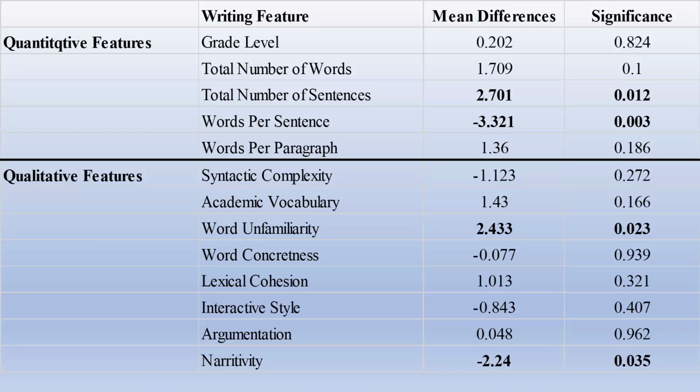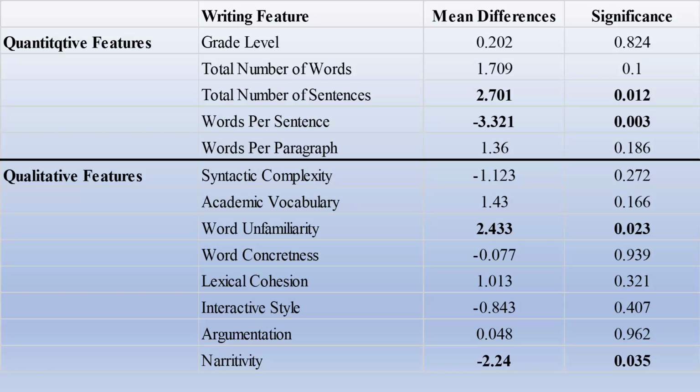Another interesting difference, if we go down to the qualitative features, is that word unfamiliarity was something that differed quite strongly between the two groups. And now this is actually very interesting because AI text generator programs are actually much more likely to choose an available synonym that is less common, even down to the level of if someone is writing in the word math and then puts it into an AI paraphrasing program, it would change that word to mathematics to try and present the image of a slightly elevated level of knowledge.